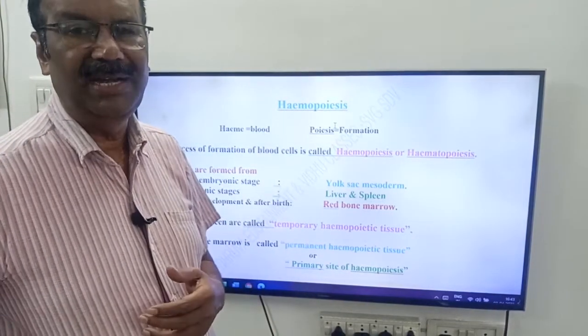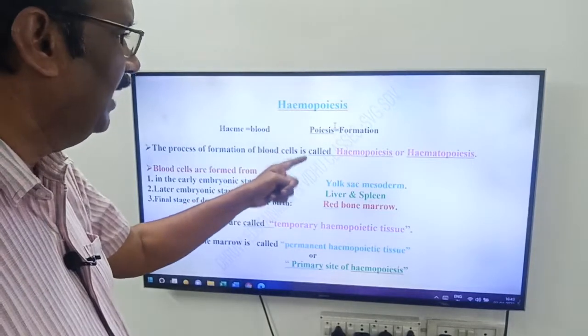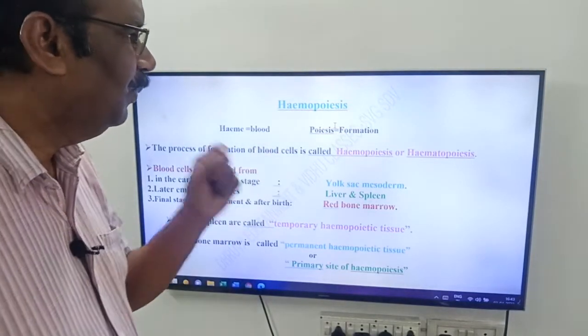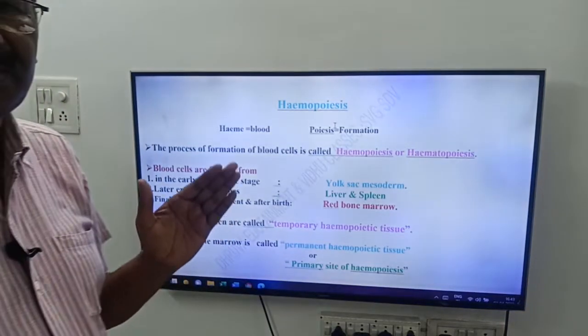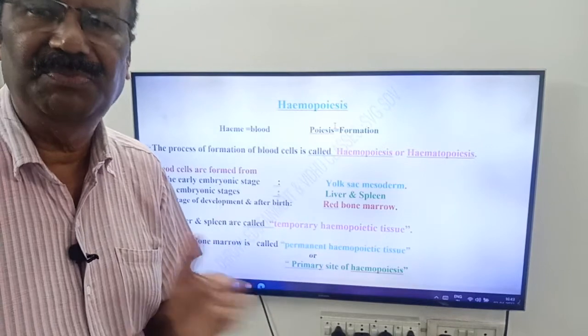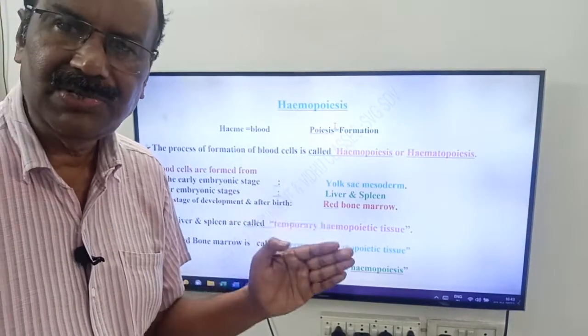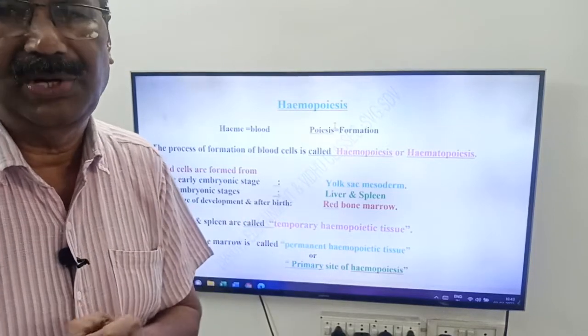So formation of blood is called hemopoiesis. The process of formation of blood is called hemopoiesis or hematopoiesis.